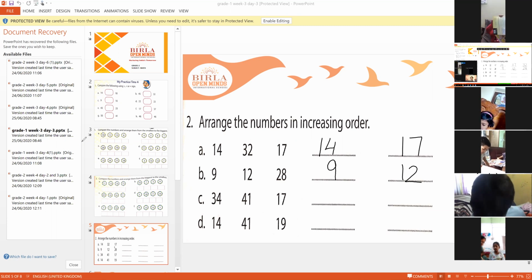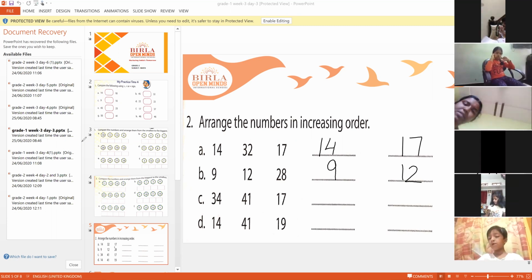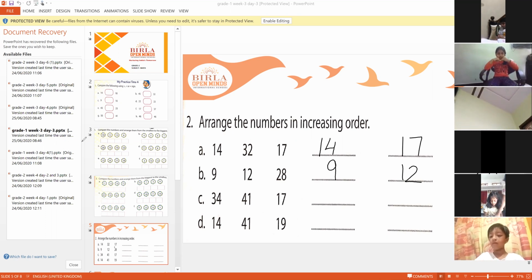Very good. Tanaswiri, you tell me the answer for bit number C. Which is the smallest number? 34, 41 or 17? 17. Then after 17? 41. Is this correct? Shall I write 41 here, Tanaswiri? Wrong.